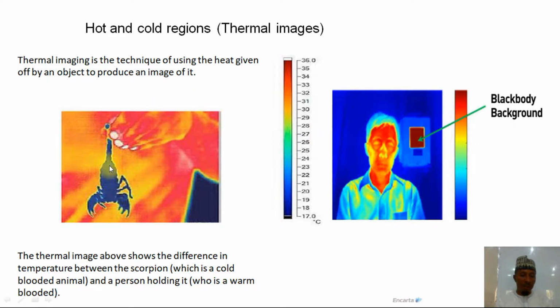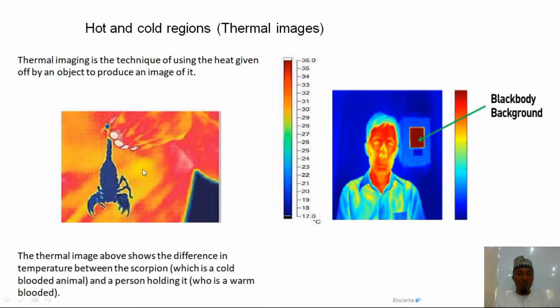We have a thermal image here of a person holding a scorpion, which is a cold-blooded animal. Now notice the variation in color. For a black color, the temperature range here shows a reading that is way below 17 degrees. For a blue color, like what we have in the background here, the temperature is within 17 to 21 degrees.